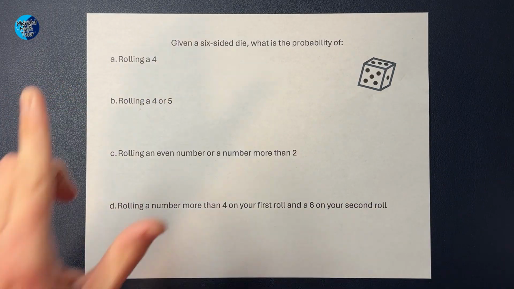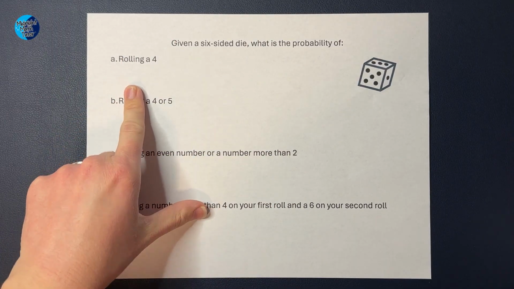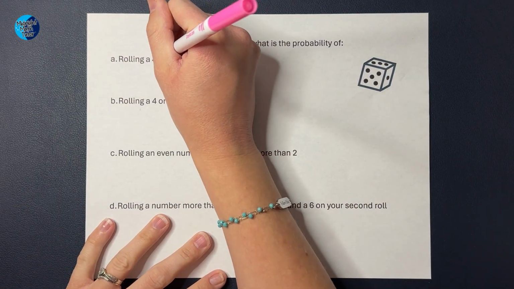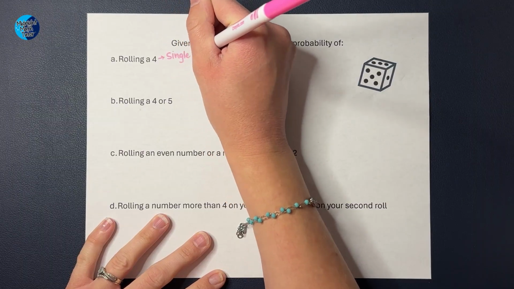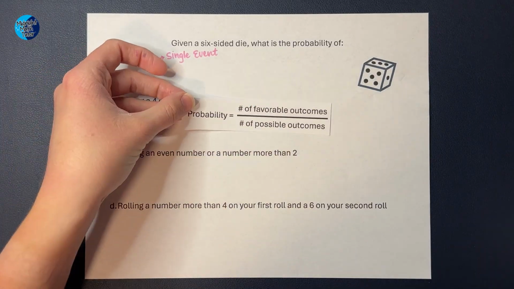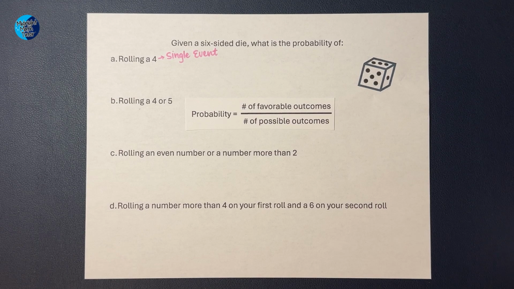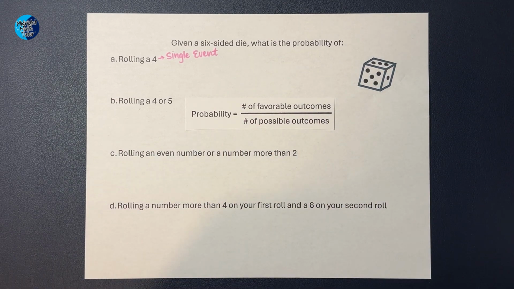All right, let's go ahead and look at A. Given a 6-sided die, what is the probability of rolling a 4? So in this one, we're just considering one event. So this is a single event probability. For this, to figure out the probability, we are just going to take the number of favorable outcomes, or what we're looking for, and put it over the number of possible outcomes.